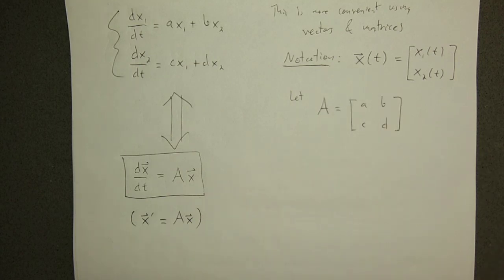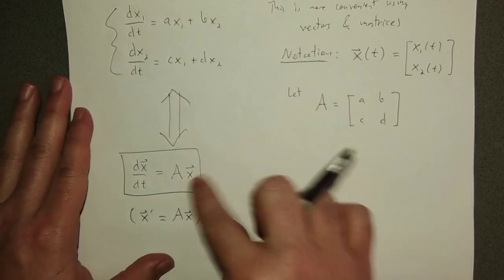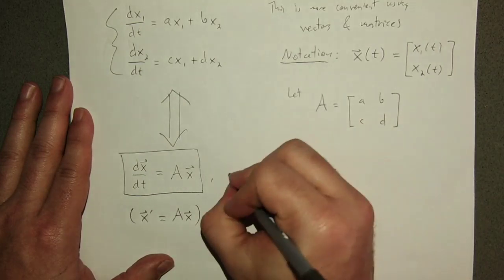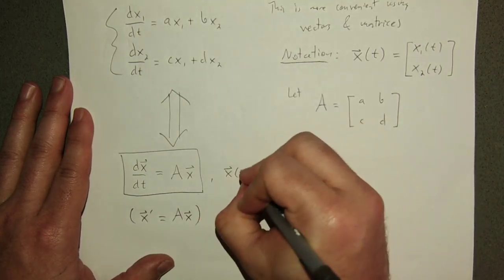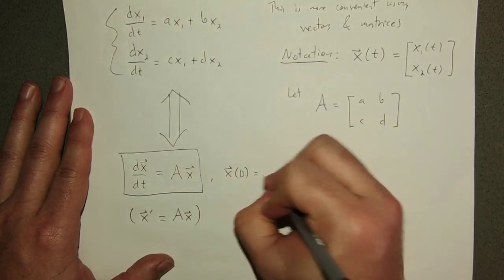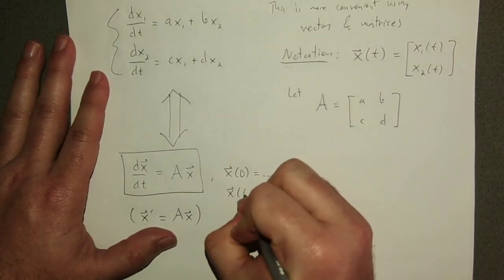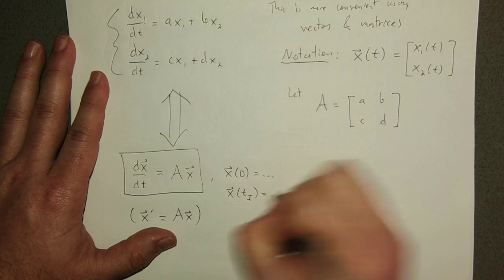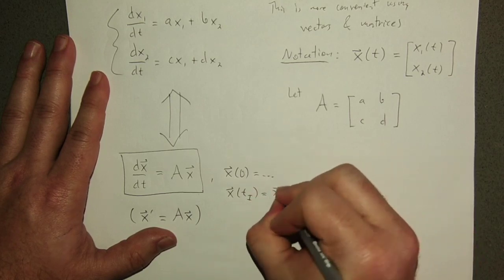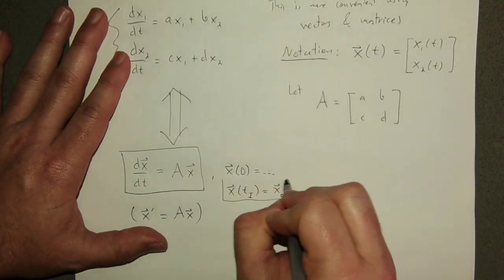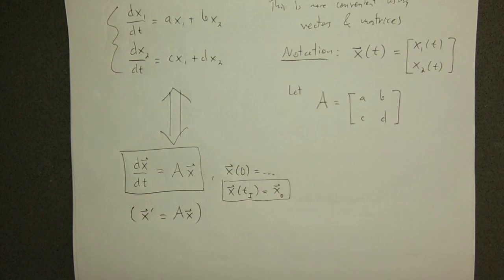And of course, using this vector notation, if I had an IVP, I can specify some initial condition, if you like, x of some initial time is x naught. So that's how this goes.